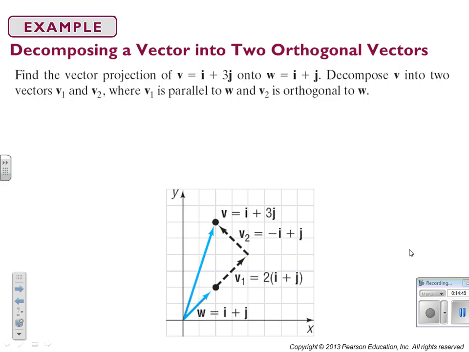And v equals i plus 3j, that's over 1 up 3. And we are going to find v1, which is parallel to w, and v2, which is orthogonal to w. So v1 is this guy, and v2 is going to be this guy.